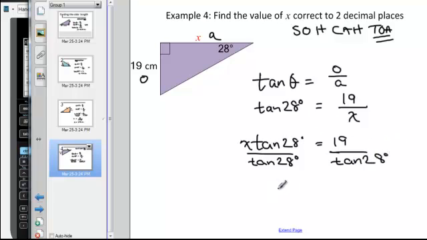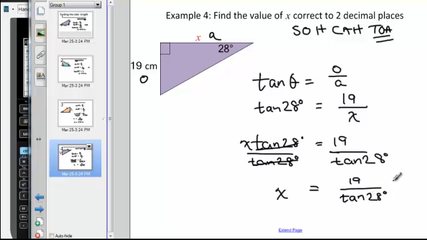The reason we get x on its own is because if you divide anything by itself, the answer is 1. So if I divide tan of 28 by tan of 28, I'm just going to get 1x. So x is going to be equal to 19 divided by tan of 28 degrees.